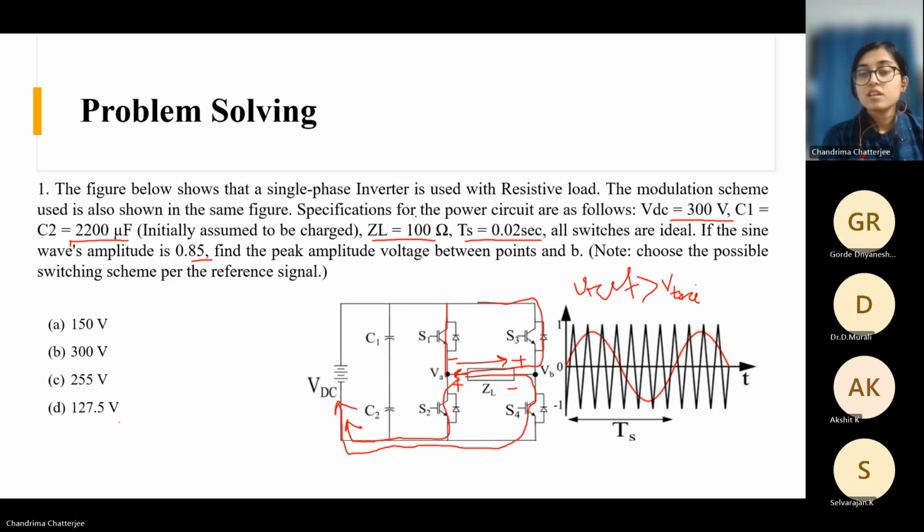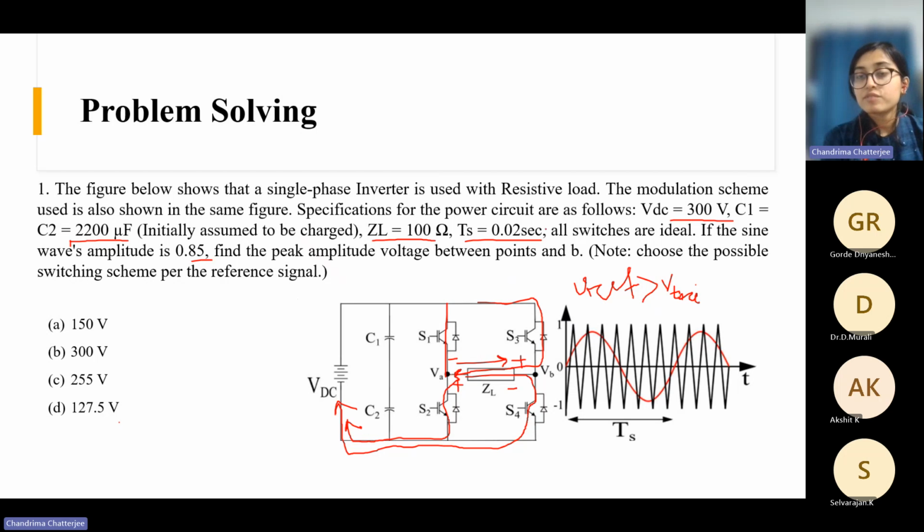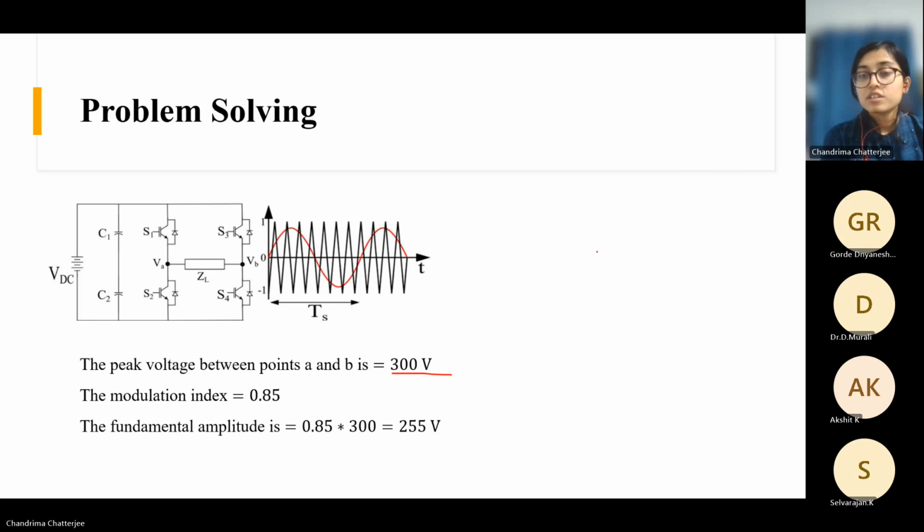Okay. So here the amplitude across A and B will be what? 300 volt. Why? Because your VDC is 300. VDC is given 300 volt, right? So you will get a voltage pattern something like this for bipolar switching.